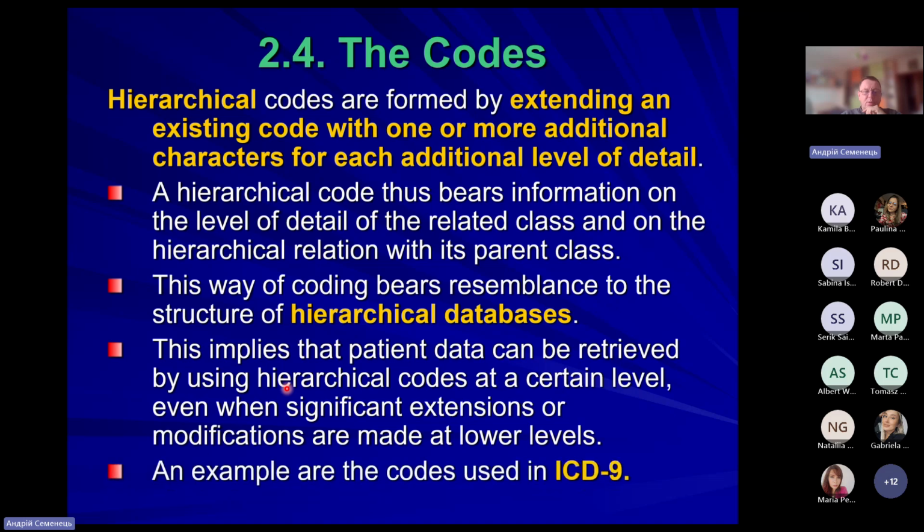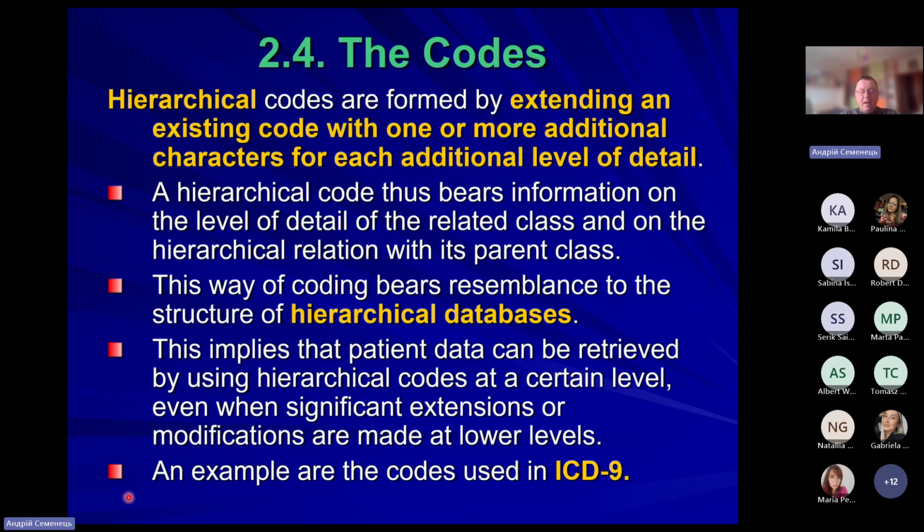Okay, hierarchical codes, formed by extending an existing code with one or more additional characters in each additional level. So a hierarchical code bears information on the level of detail of the related class and on the hierarchical relation with its parent class. So this way of coding bears resemblance to the structure of hierarchical classification, and it implies that patient data can be retrieved by using hierarchical codes at a certain level, even when significant extension or modification are made at lower levels.